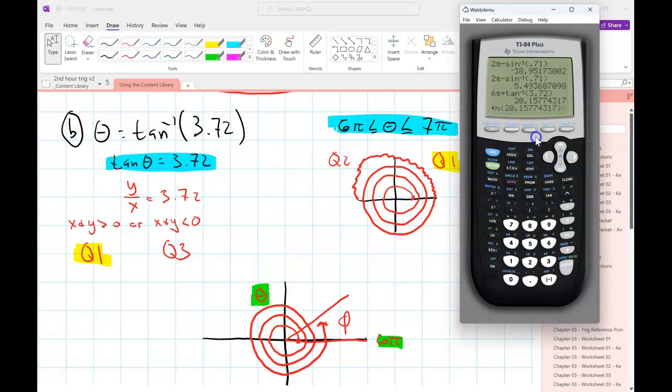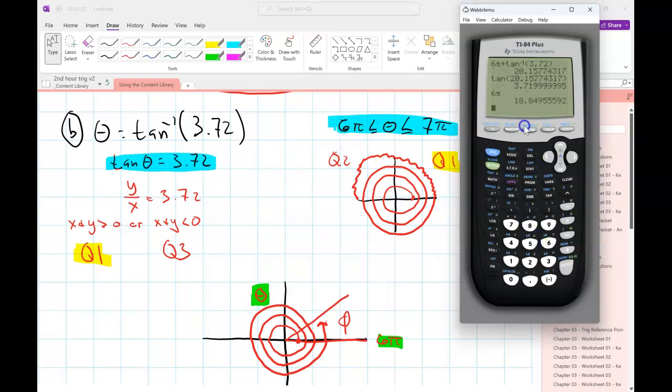If I do tangent of my answer, I should get 3.72, which is what I'm getting. Everybody cool with that? And then I need to make sure that this answer, 20.16, is between 6 pi and 7 pi.